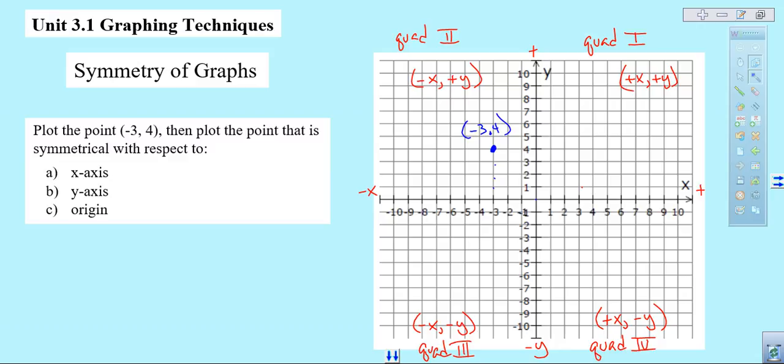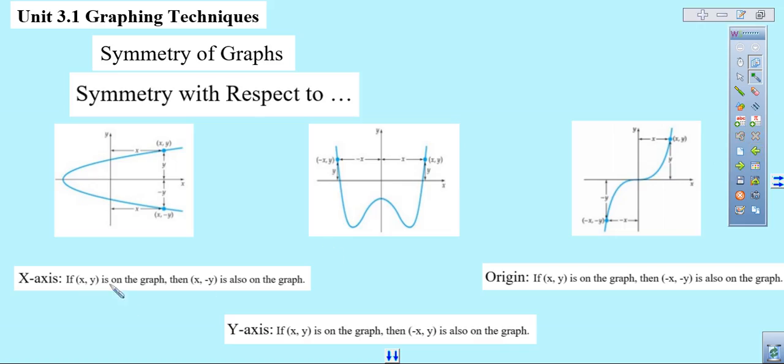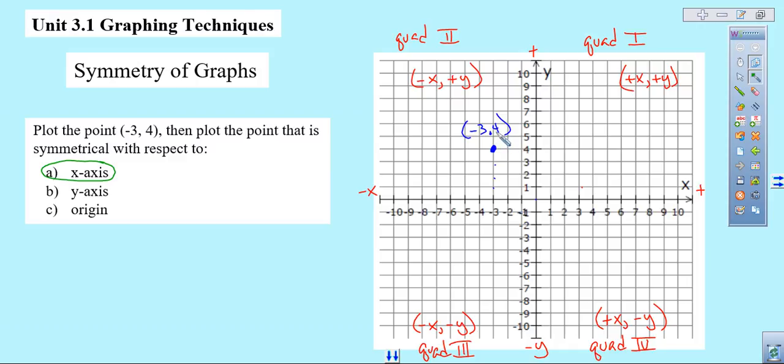So the first one would be if we reflect it over the x-axis. According to our rules for reflection over the x-axis, we would have our original ordered pair, and it would be the y value that would change. So let's see if that makes sense. When we flip over the x-axis, that means that we find our symmetry.